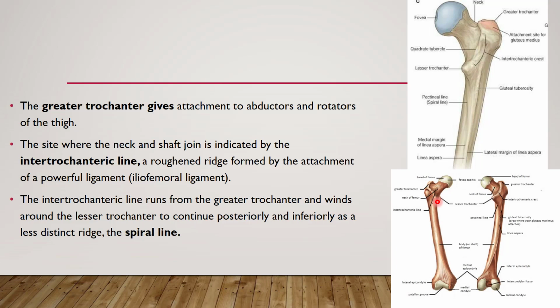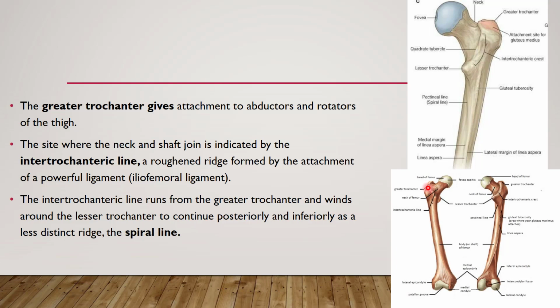The intertrochanteric line runs from the greater trochanter and winds around the lesser trochanter to continue posteriorly and inferiorly as a less distinct ridge which is called the spiral line, or the pectineal line.